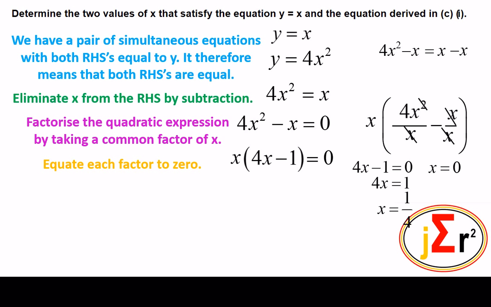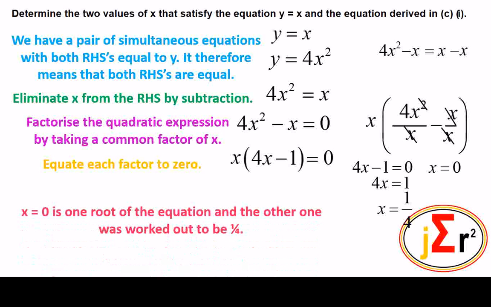The statement of the problem said that we should determine the two values of x that satisfy the equation such and such. So all that we need to find in order to meet the requirements of the examiners is to find the values of x, and that we have done already.